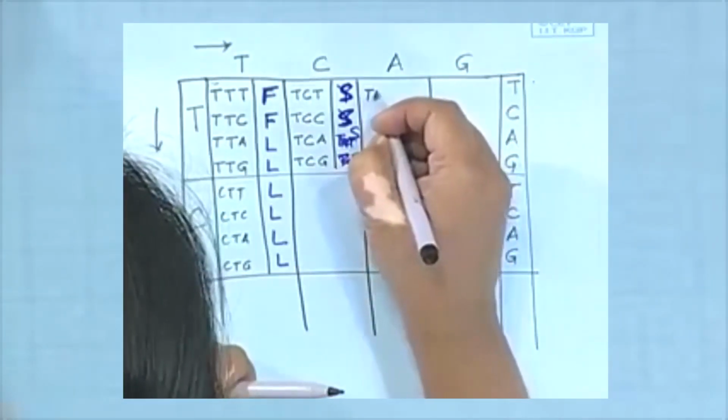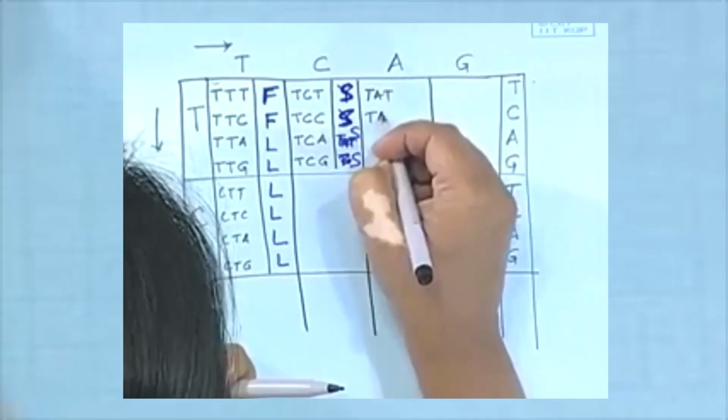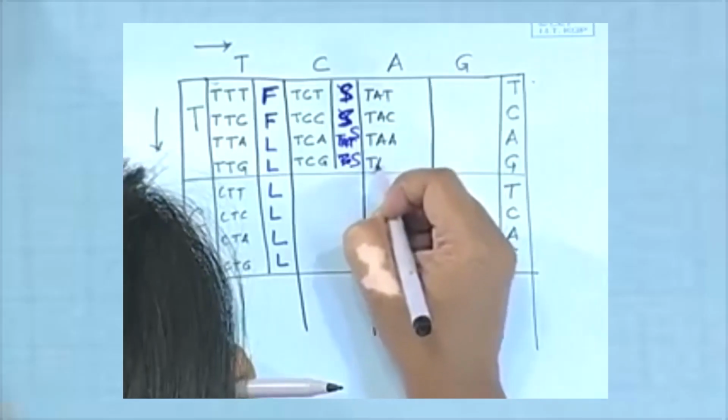So, you have TAT, TAC, TAA, TAG. This is where we have tyrosine, tyrosine, terminal, terminal. So, you understand how many codes I am going to get like this? 64.